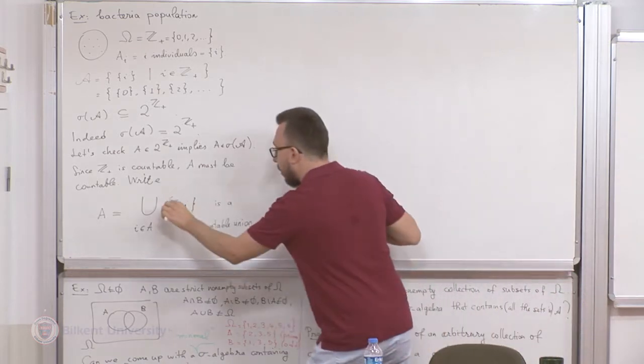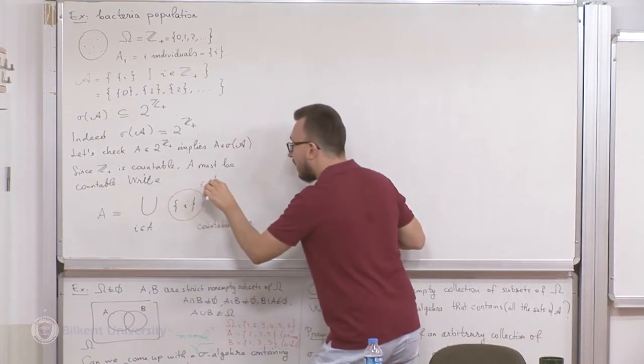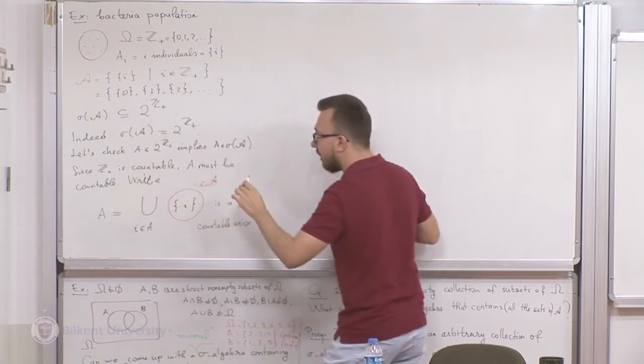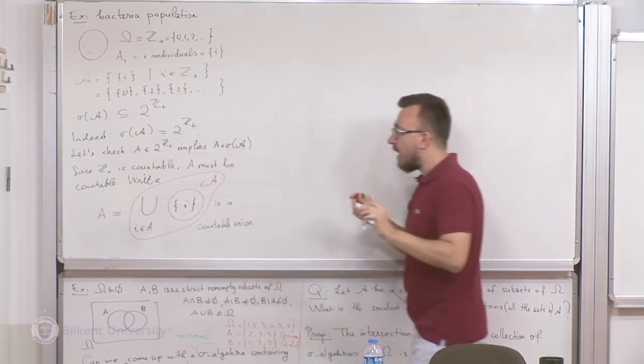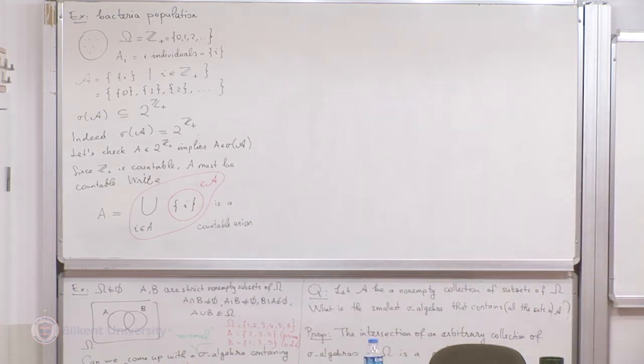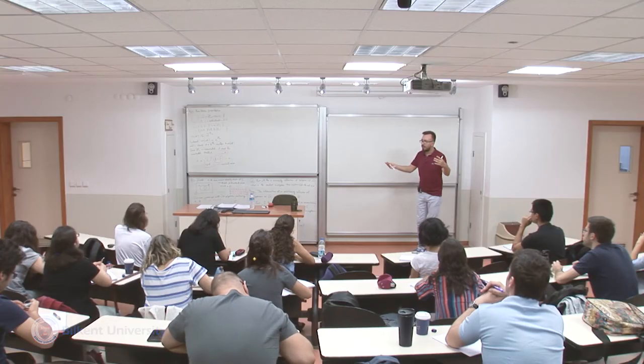So now this {i} is in script A, right? This is in script A by definition. And therefore, if I have sets in script A and a countable union of sets in script A, does it have to be in script A again?